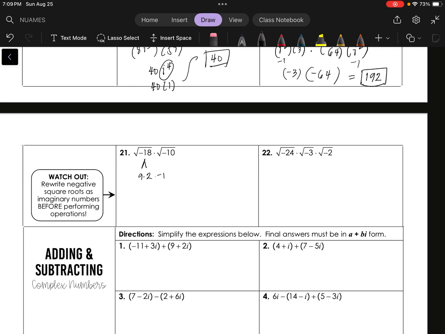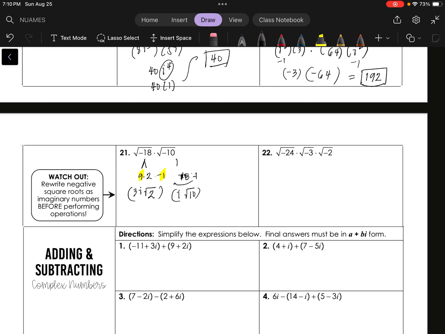So the things that you could extract here would be 9 and -1, which means that the first factor will give you 3i being extracted, square root of 2. And then here, since this is just 10 times -1, you end up extracting just the -1, which means this is just i times the square root of 10.